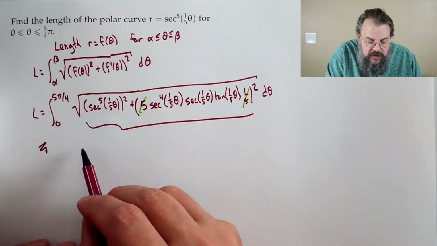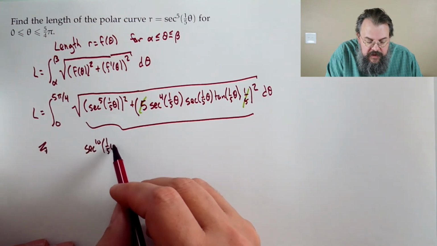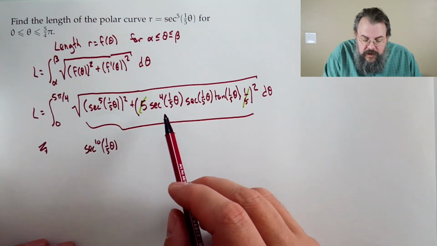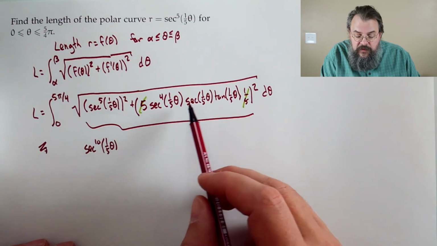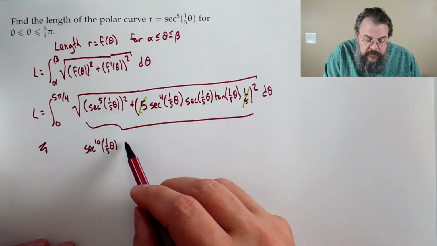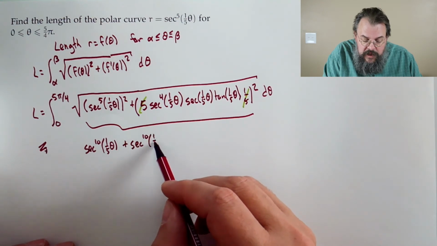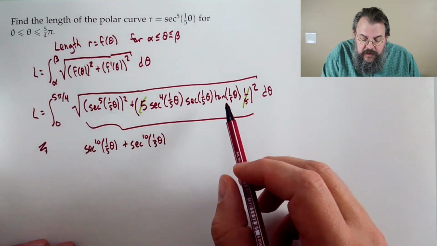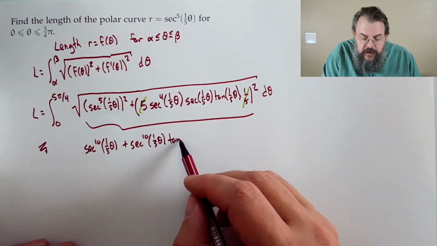So we have secant to the 10th of 1/5 theta. That's the first term. Then here, there's a secant to the 4th times another secant, which makes a secant to the 5th, squared. Aha, another secant to the 10th. Wow, amazing. And then a tangent squared.